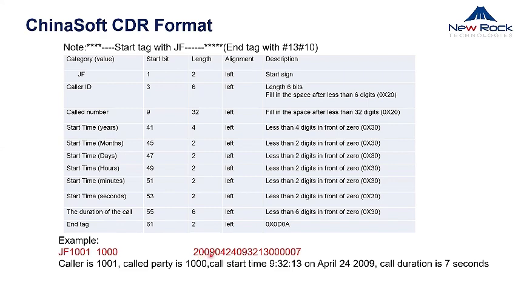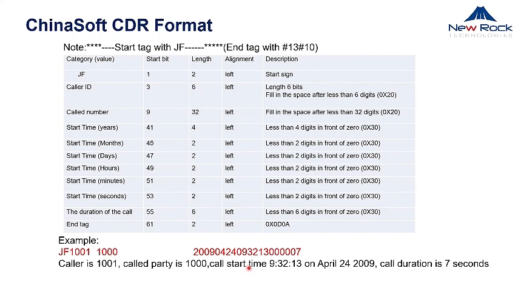The year 2009. 04 stands for the month April, and this is the number of days, 24. And this is the time in the morning, that is 9:32 and 13 seconds. As you can see here, the duration of the call takes about 7 seconds. So that is how we can interpret the China Soft CDR format.